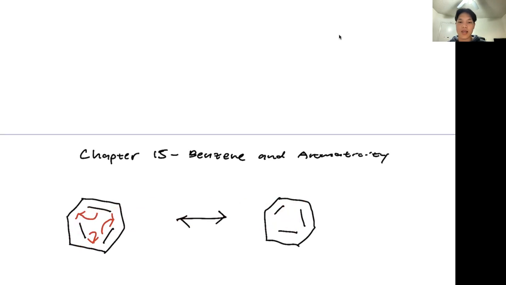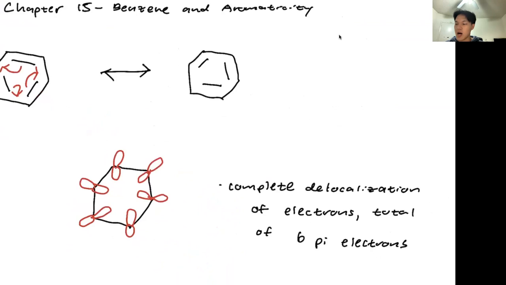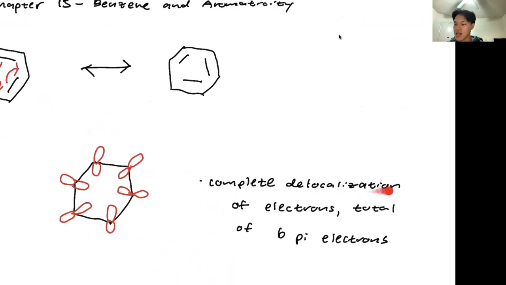And because of this, each of these carbons is participating in a double bond. That means the electrons are completely delocalized, and although it seems like there are 3 pi bonds here, there are actually 6 pi electrons because of the cyclohexane.